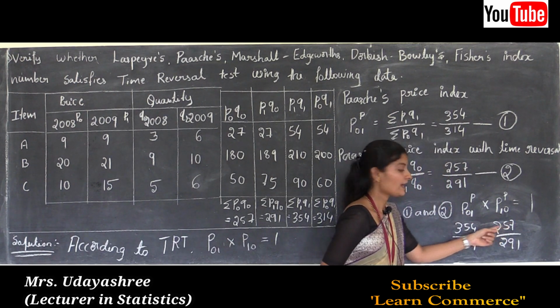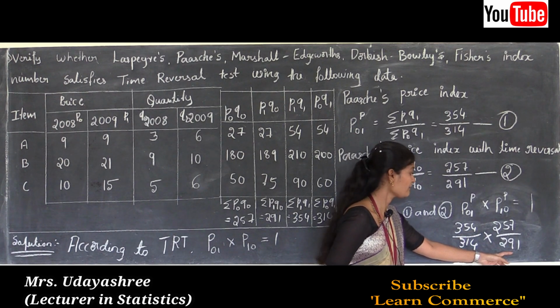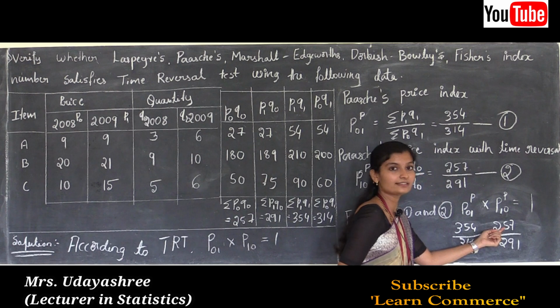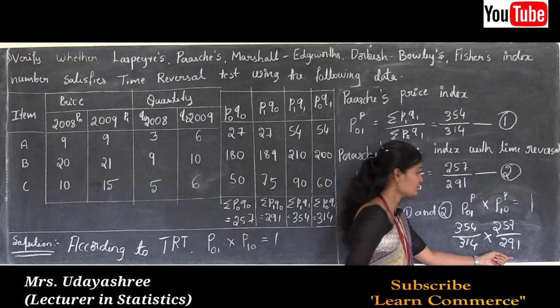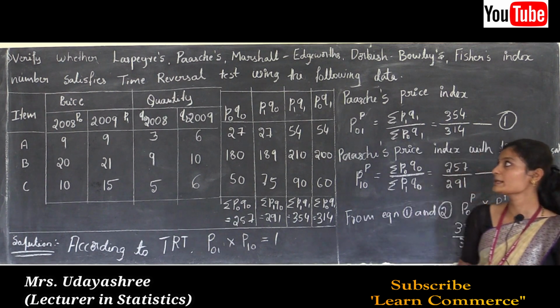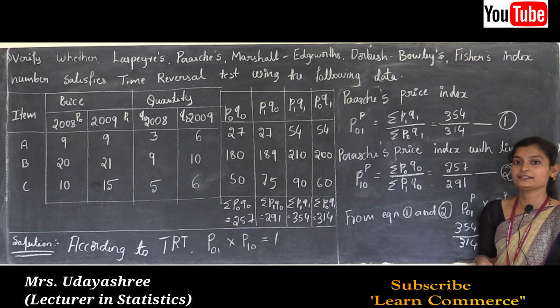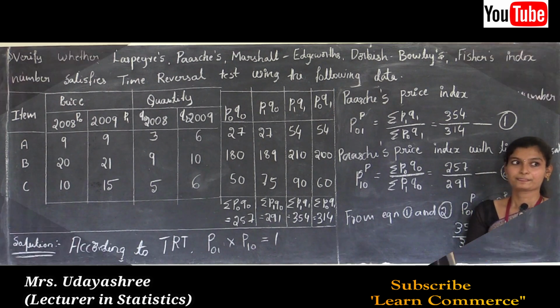Here these two elements are not cancelled with these two denominators. Why? Because these two elements are not there in the denominator. So this is not equal to 1. Therefore, Paasche's price index number does not satisfy time reversal test.